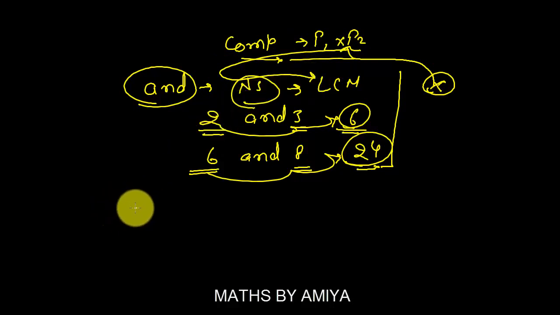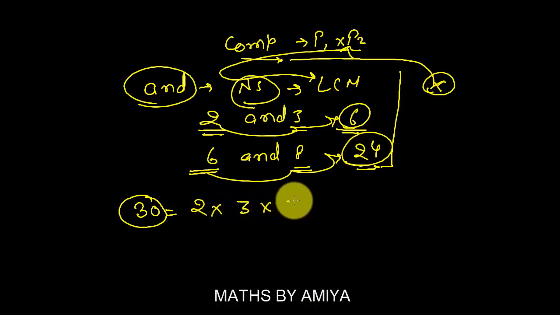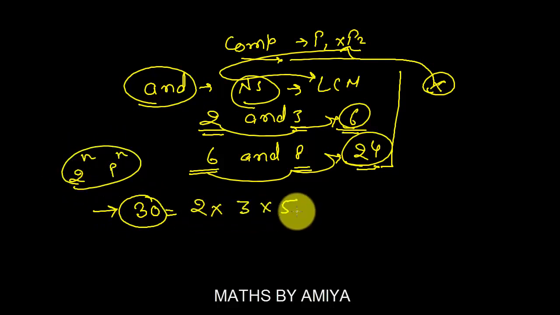So if I ask what is the cyclicity of 30, first of all, 30 is not a number in the term of number system. We need to factorize. This is the bundle of 2, 3 and 5. When you have any composite number except 2 raised to power n or any prime raised to power n, we need to factorize. If we have more than one prime in the base, we find the individual cyclicities.